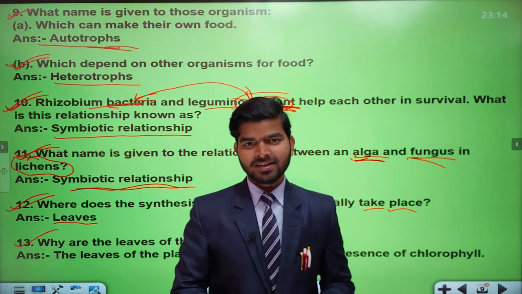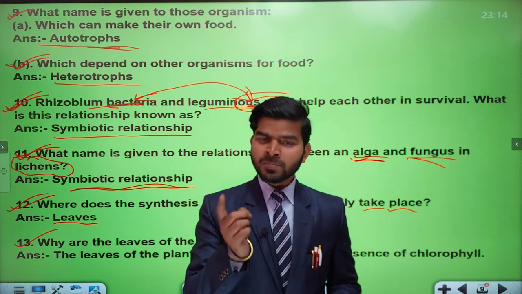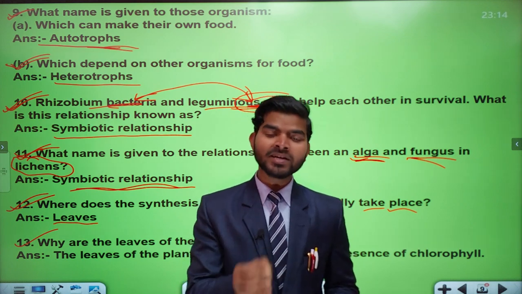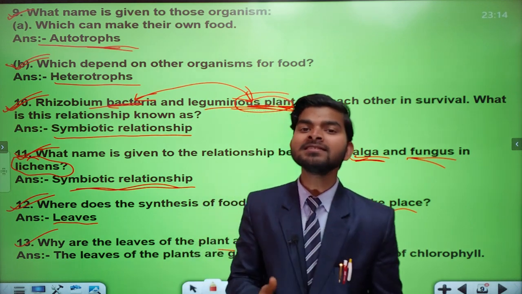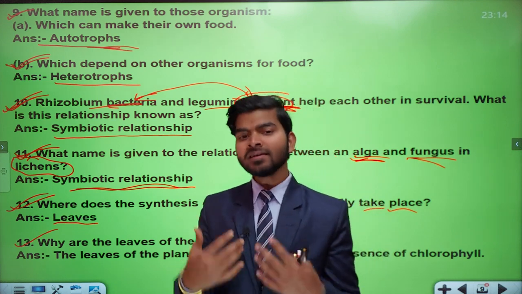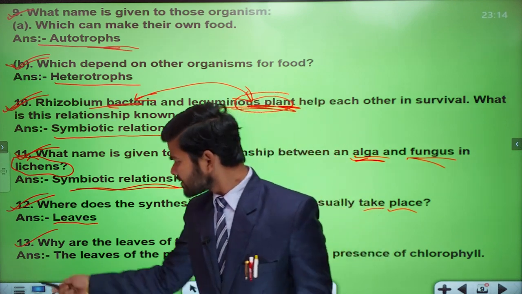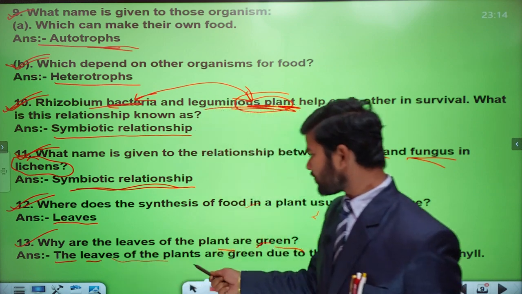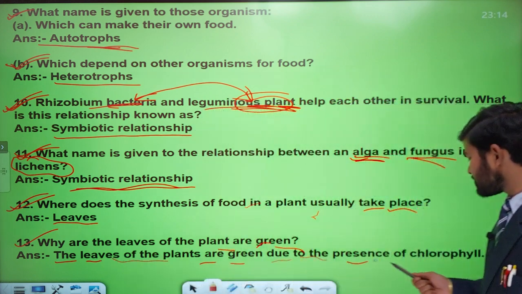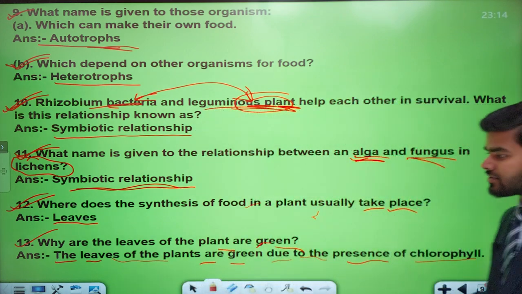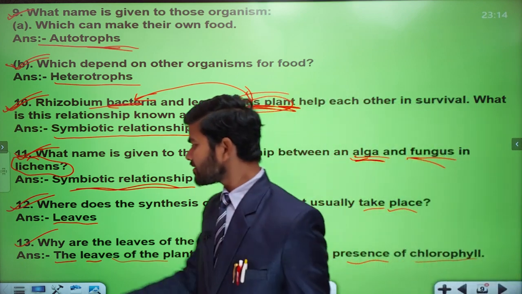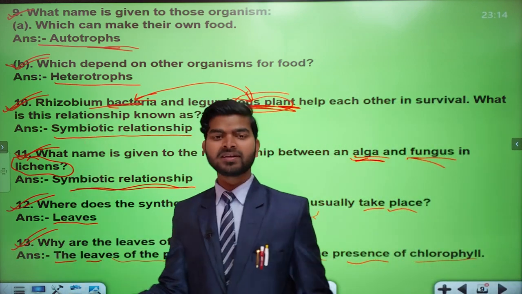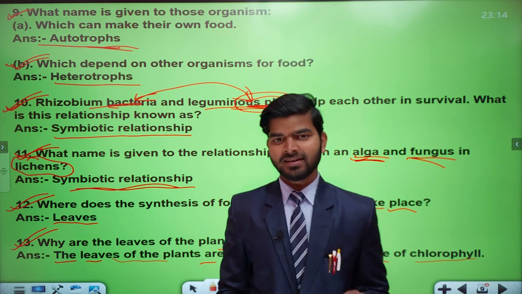Obviously, chlorophyll is present inside the leaves, so that's why the leaves are green. I have written here: the leaves of plants are green due to the presence of chlorophyll. I hope you have learned all the questions that I have solved here.